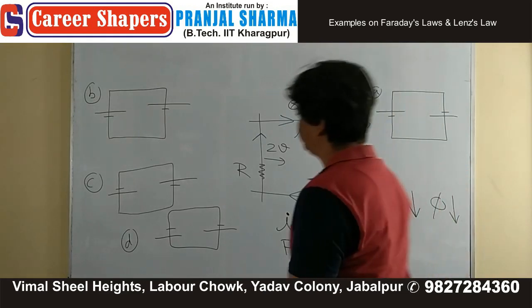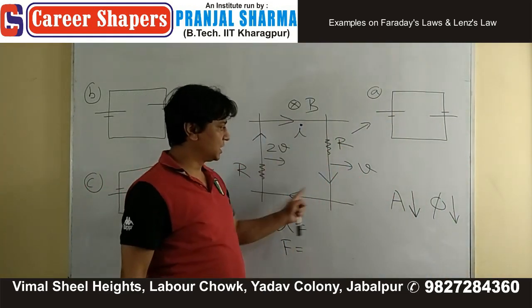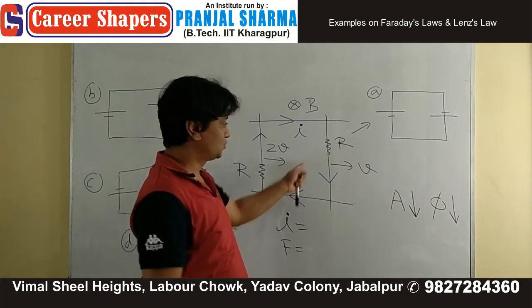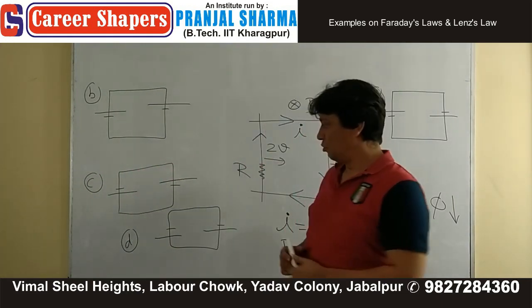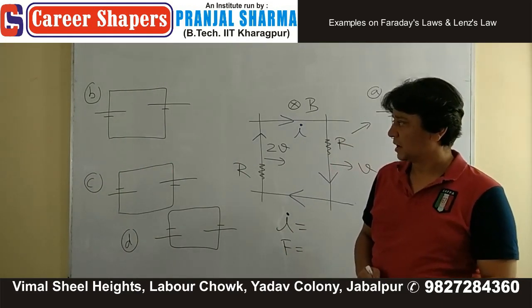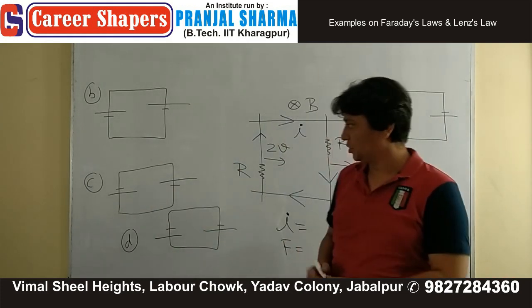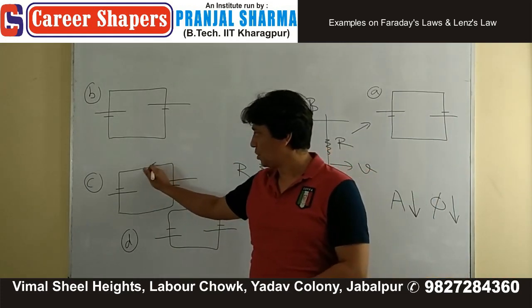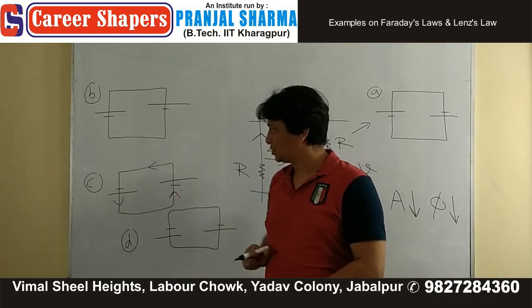Look here. We already know the direction of overall current, which is what? Clockwise. Overall current is clockwise. If you have an option like C, you can see these batteries are going to produce a current in this form.